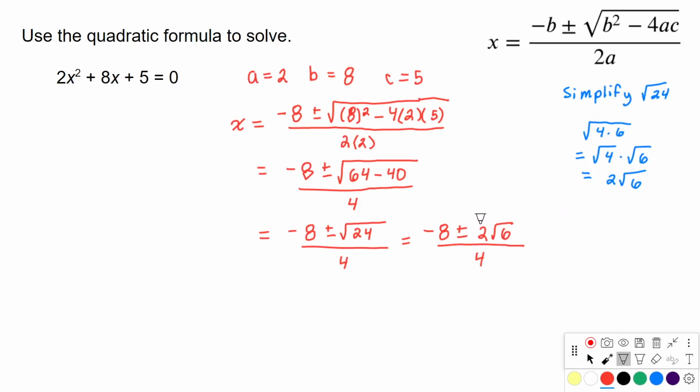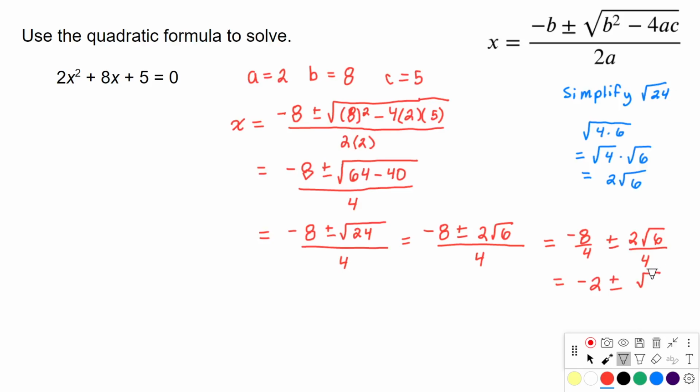So I can now write this as -8 over 4 plus or minus 2 square root of 6 over 4, and I can simplify each fraction. -8 divided by 4 is -2 plus or minus 2 over 4 simplifies to 1/2.